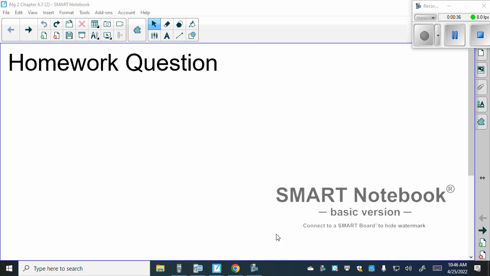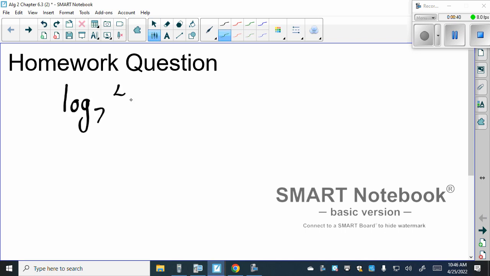Evaluate the following logarithm: log base 7 of 49. So what we can do is rewrite this as an exponential, saying that 7 to the y is equal to 49.